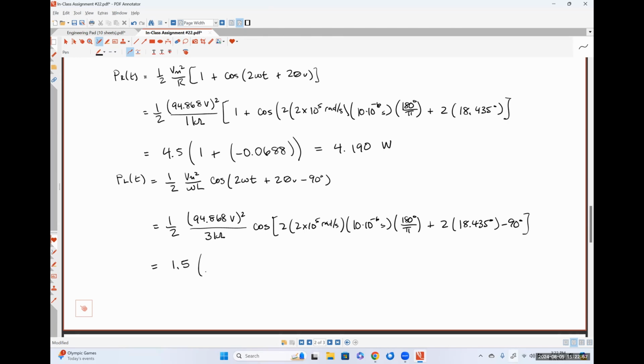So cosine 4 times 10 to the 5 times 10 times 10 to the minus 6 times 180 over pi plus 2 times 18.435 minus 90, which looked like negative 0.998.